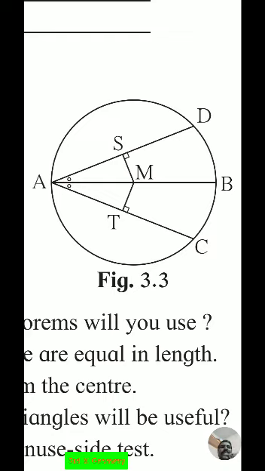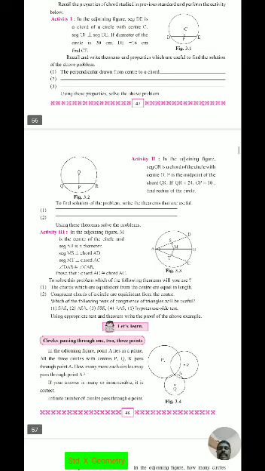If AS and AT are the same, then AS is equal to DS and AT is equal to CT. That's why we can write AD and AC are chords of the same length.